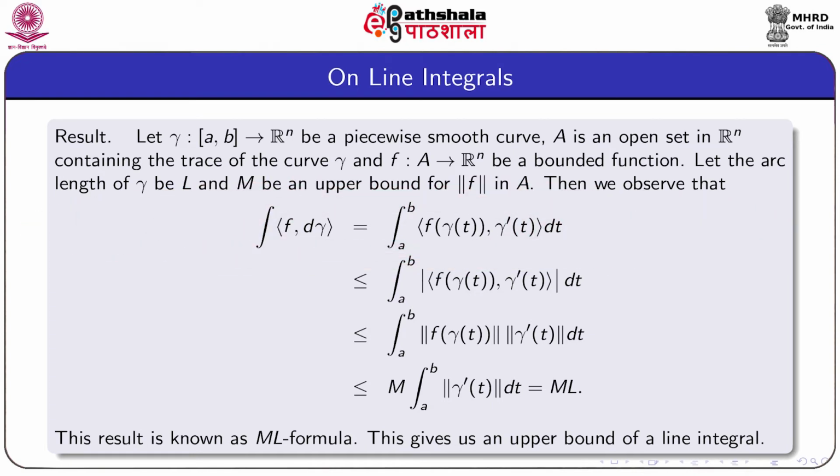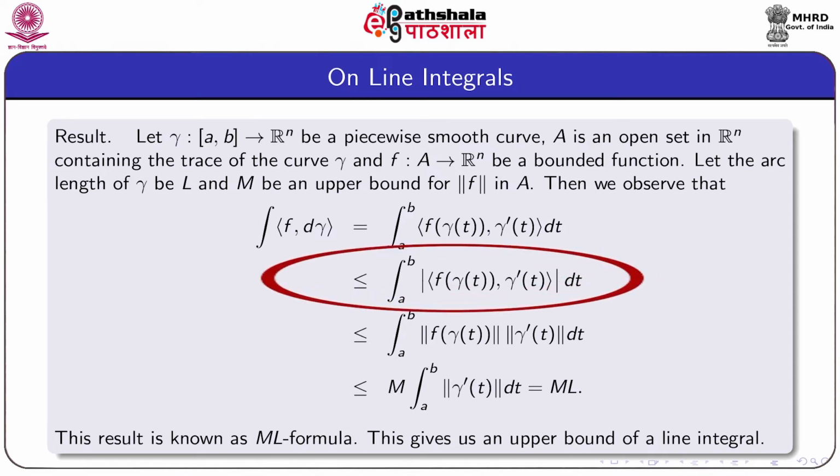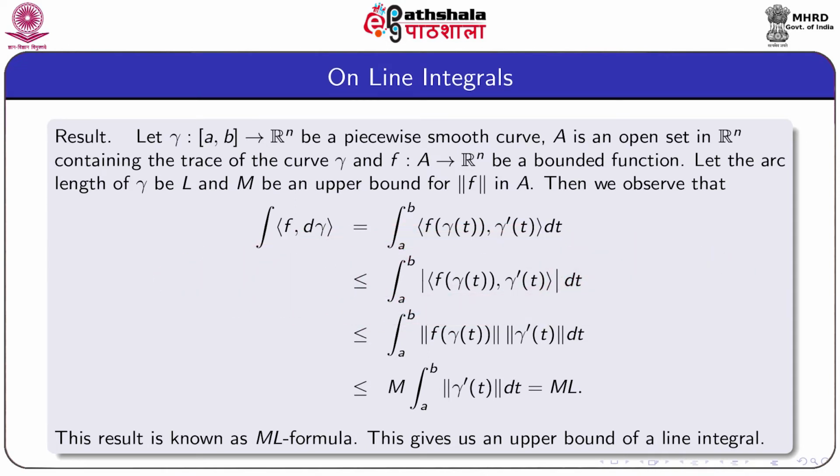Now we know that for every t, inner product F(gamma(t)), gamma dash(t) is a real number which is less than or equal to its modulus. So using a property of Riemann integration, we find that this is less or equal to integral a to b modulus inner product F(gamma(t)), gamma dash(t) dt. Now we use Cauchy-Schwarz inequality and we find that this is less or equal to integral a to b norm of F(gamma(t)) norm of gamma dash(t) dt.